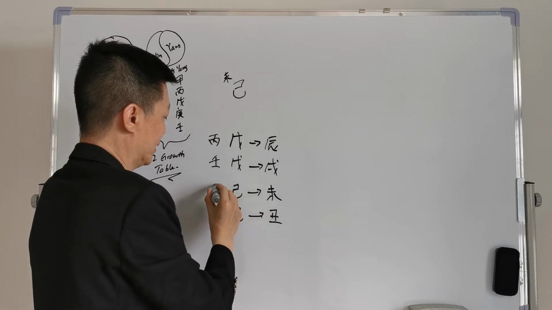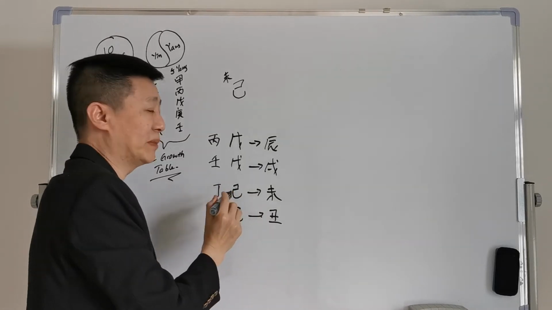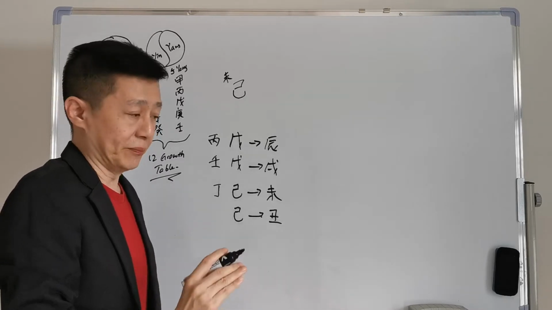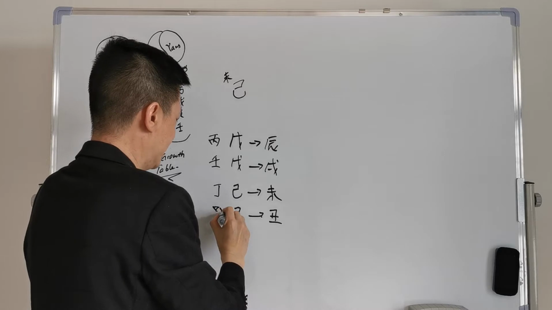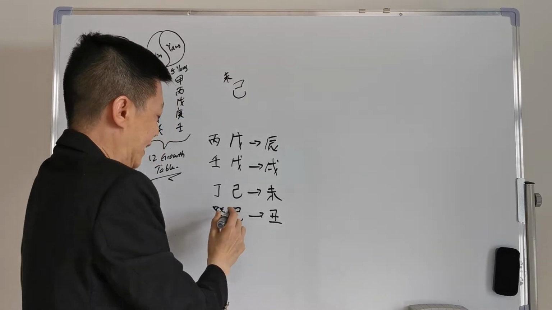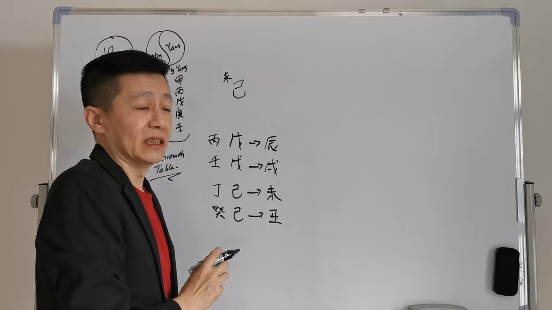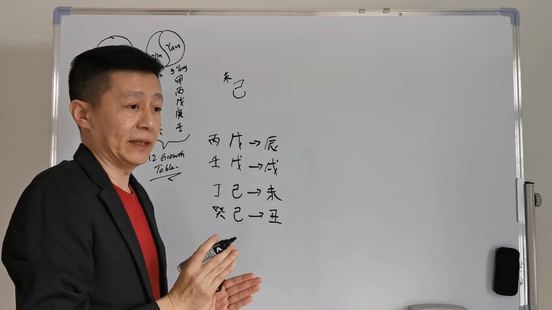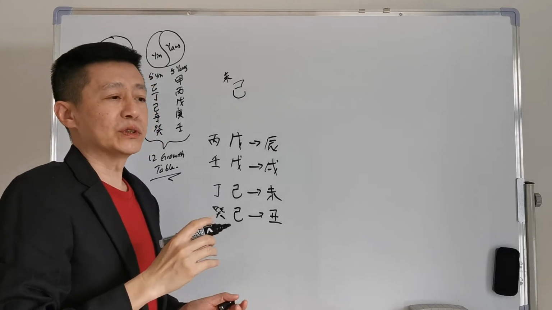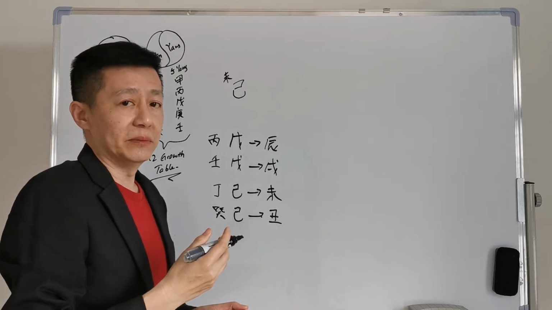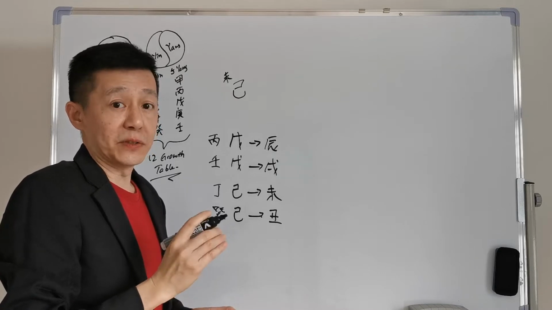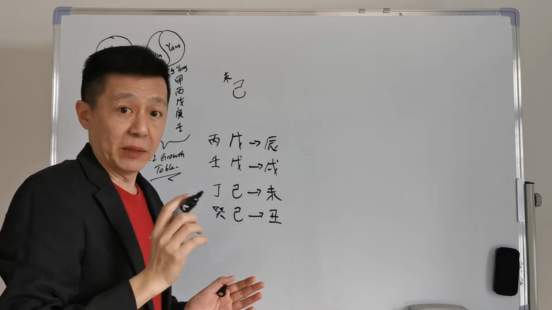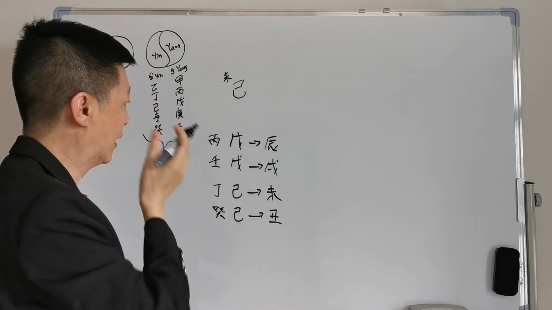The Ding Day Master and the Ji Day Master that fall under the goat, the 12 growth reading is the same. The Gui Day Master and the Ji Day Master that fall under the Ox, the 12 growth reading is the same.